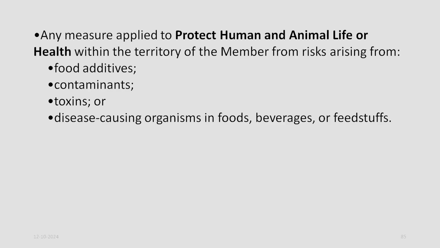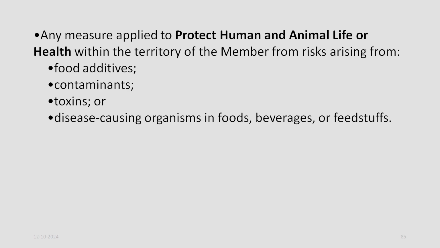Disease carrying organisms means they are already infected from the home country or place of origin, and disease causing organisms means organisms that have the tendency to produce diseases. So the sanitary and phytosanitary measure covers the rules that are meant to put restrictions on these kinds of health hazard or health risk factors.